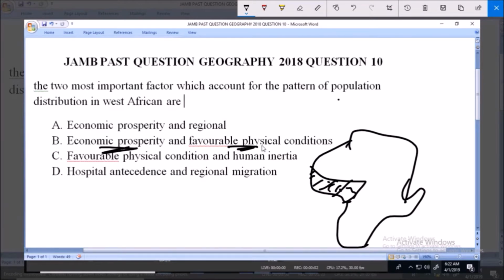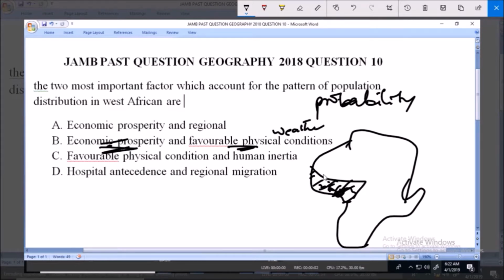So it's most likely that people are going to migrate towards places like Lagos in Nigeria, Abuja, Dakar in Senegal, Accra in Ghana, places where there is high probability of having economic prosperity, and where the fiscal conditions like weather are also good.